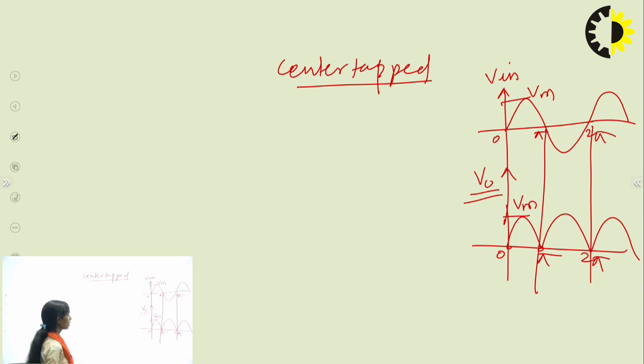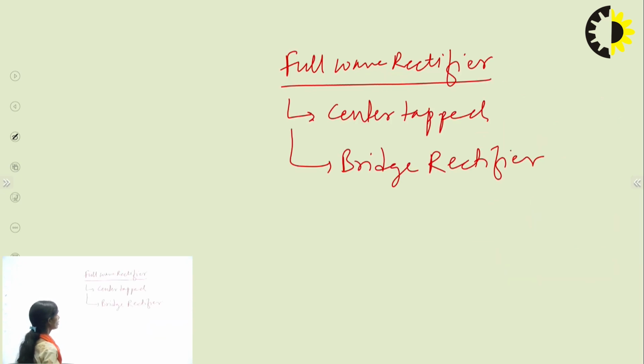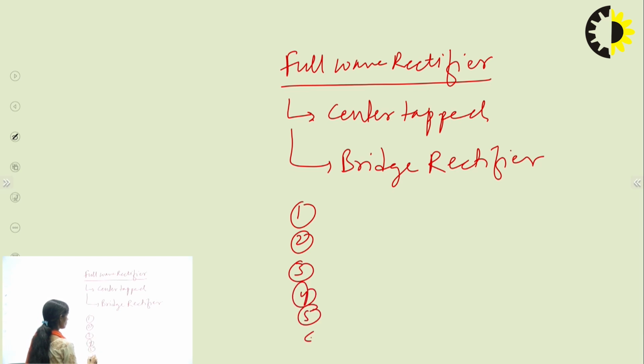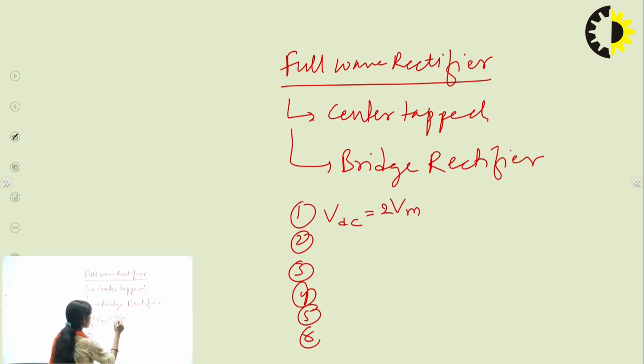If we talk about the center tap rectifier, or the full wave rectifier, we have various parameters which differ. We had studied that the VDC obtained in full wave rectifier is 2Vm by pi, that is double of the half wave rectifier, Vm by pi.